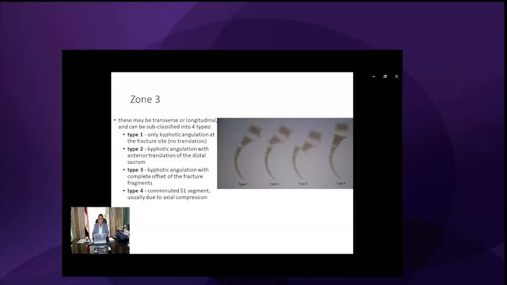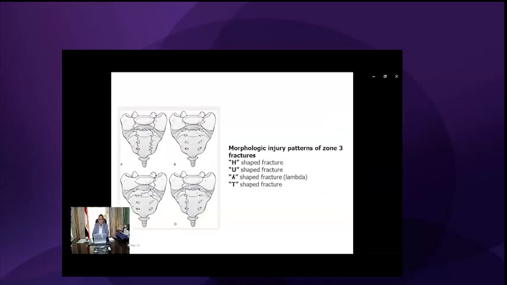Usually there are other fracture lines than the longitudinal fractures, as I said. It could be one of these shapes.